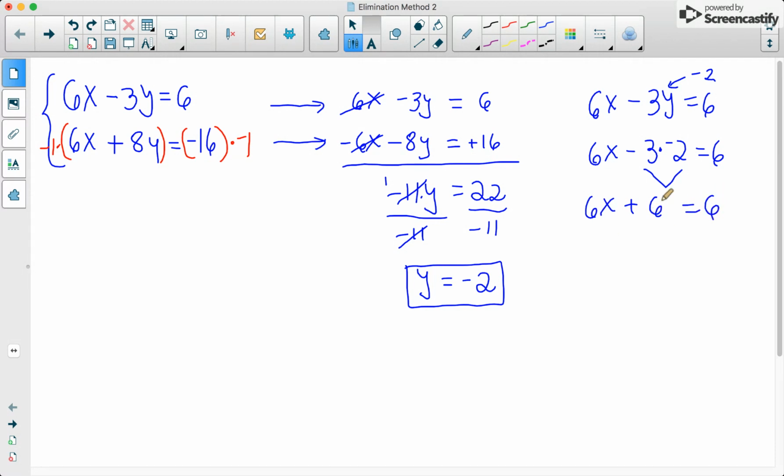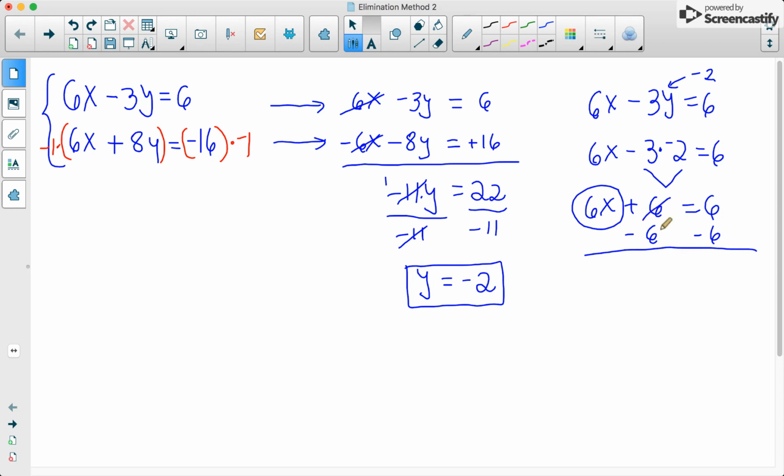Okay, so I'm going to continue. The x is only in one side of the equation. There is no variable here, which is great. So that means that I want to isolate the variable next. So I need to get rid of this 6. Since this one is positive, I'm going to subtract 6 on both sides.